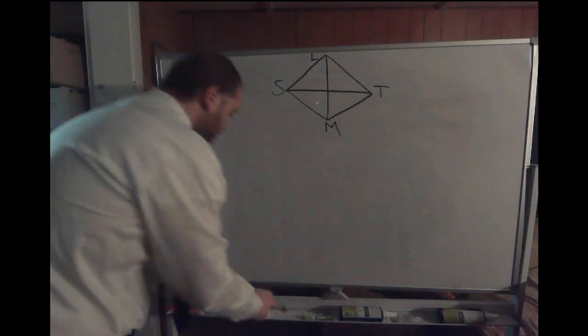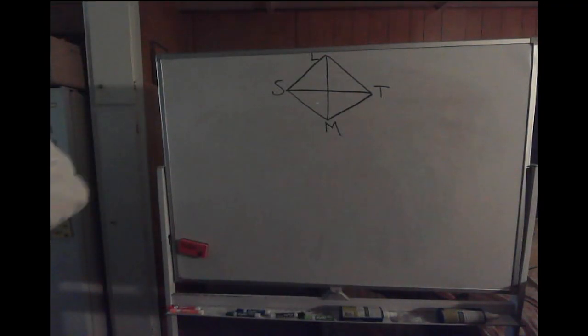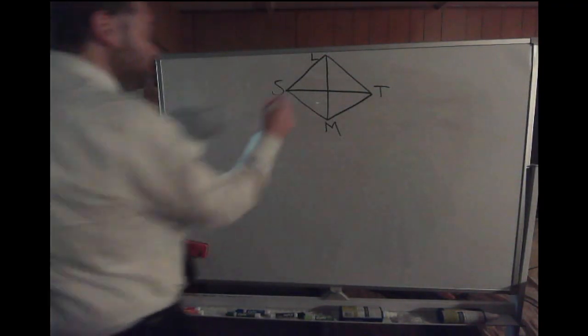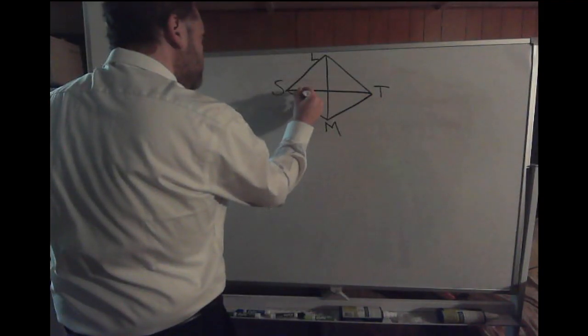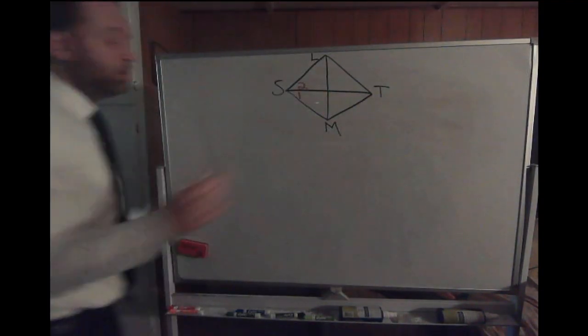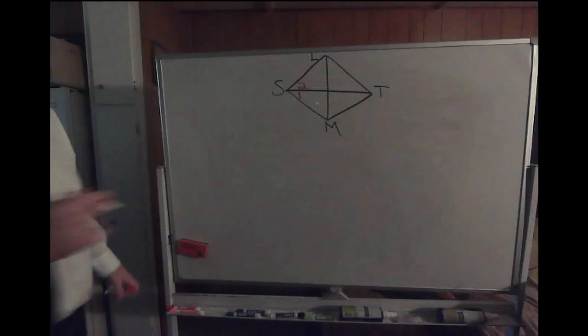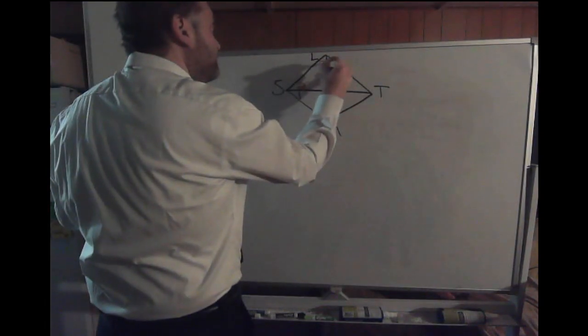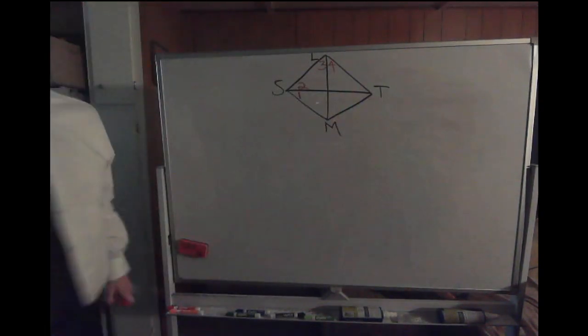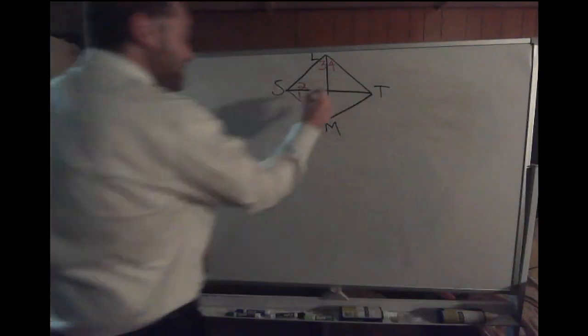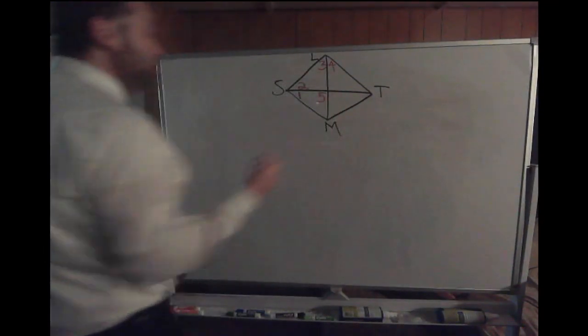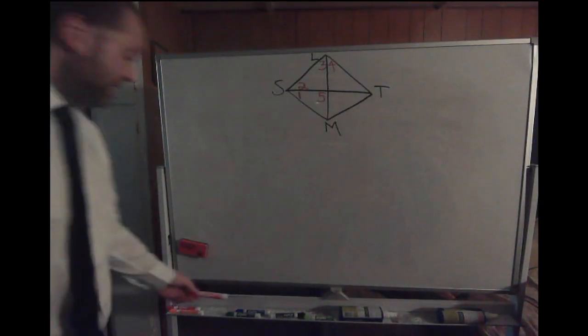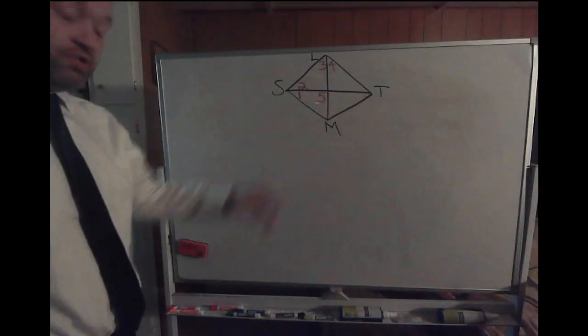Let me just label the angles then. So we have angles 1, 2. What other angles do they give us? This is 3 and 4. And then angle 5 is down here. Okay. So we have rhombus SLTM. Obviously it's got two diagonals.